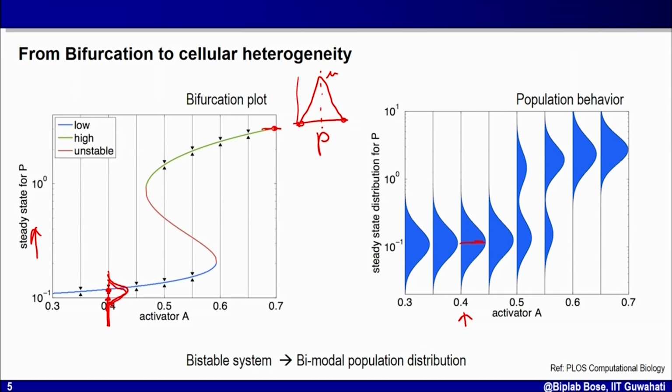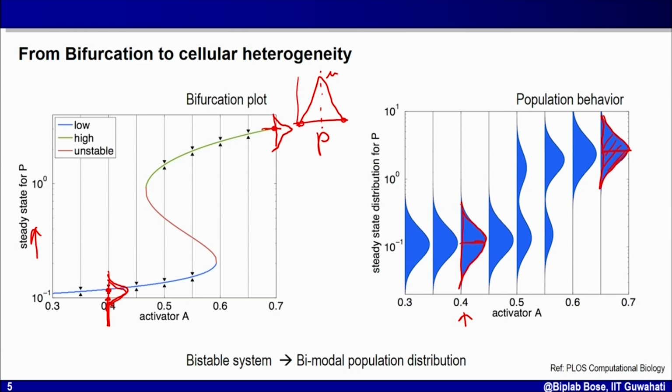But again, I will have a distribution. So all cells will not have the same value, but rather you have a distribution around this. So that's what we get here. The mean value is this one, and you have a distribution around this. So when I have a low signal, I have a population distribution like this. When I have a high signal, I have a population distribution like this one.